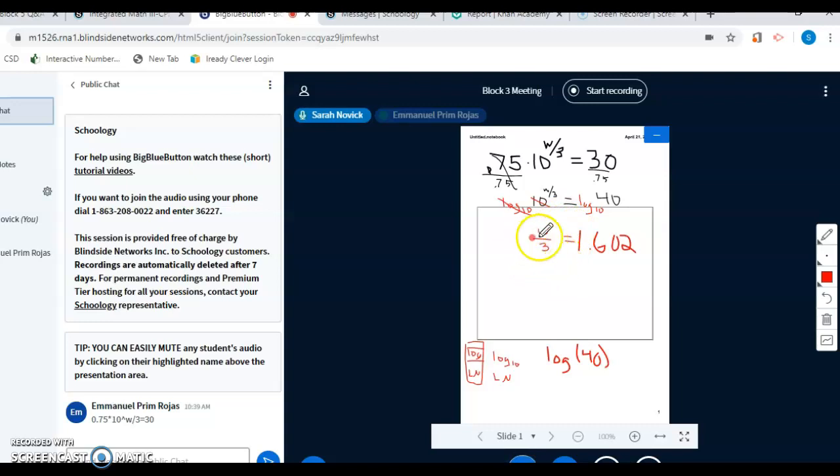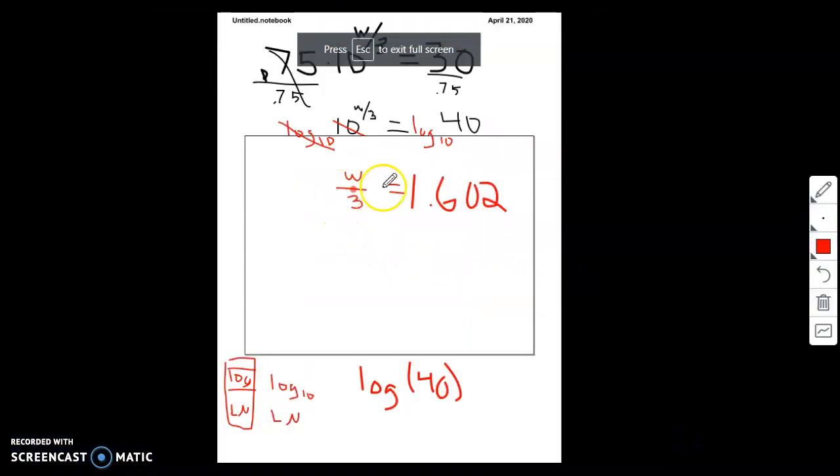So now we have a basic equation. We just have to get rid of this divide by 3. And how do we do that? Right now it's W divided by 3. Multiply by 3 on both sides, right? Yeah, multiply both sides by 3.